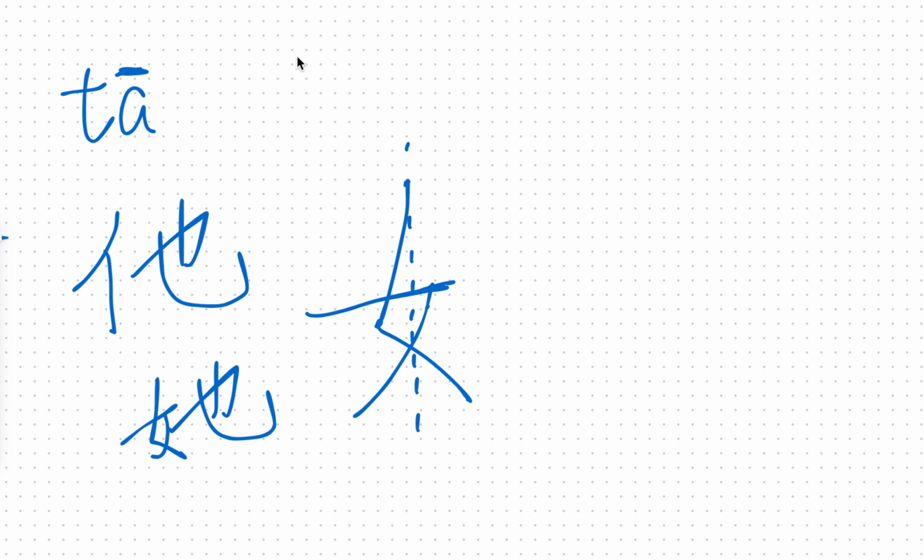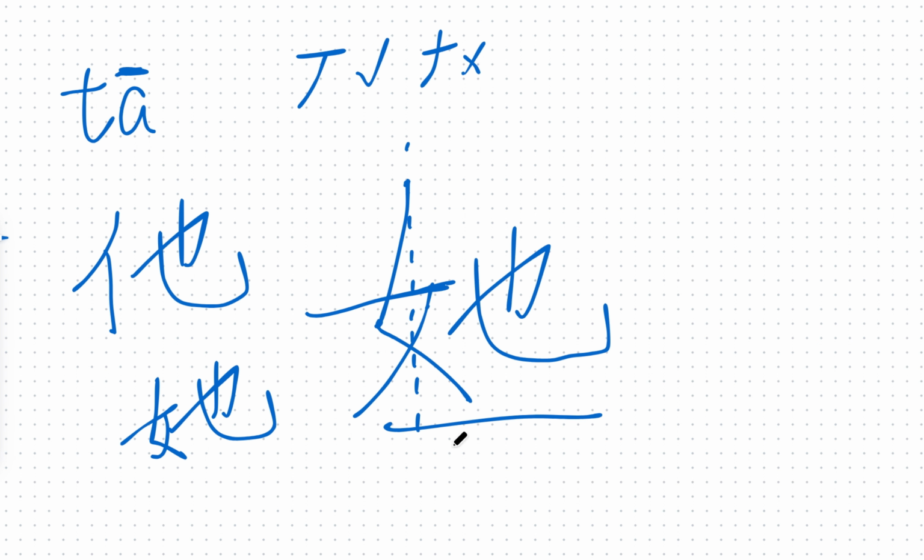For this part, it will be like this. That will be correct. And this one, you can write like this, but mostly it's wrong. And next would be writing this thing. Then it will be she, her.